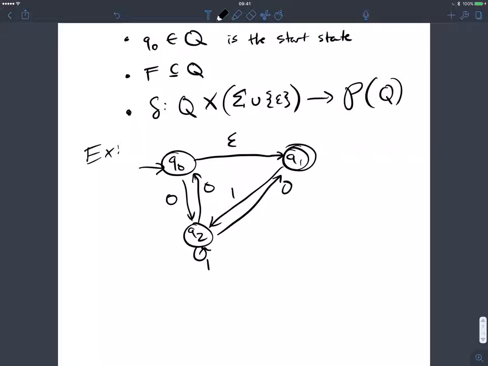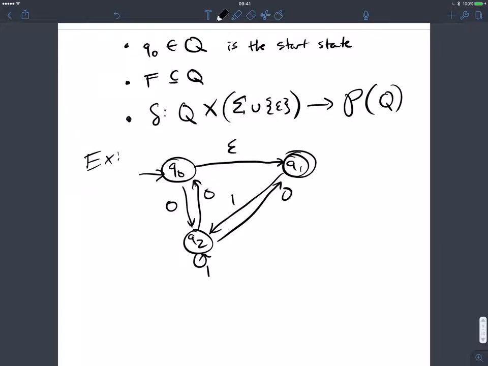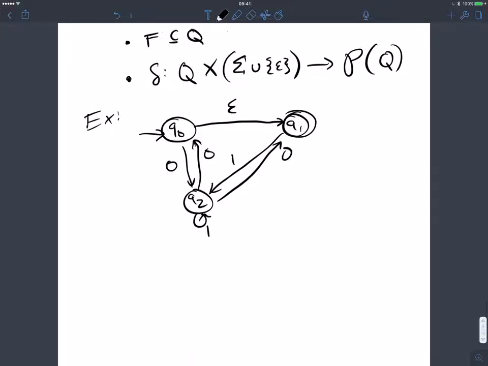I have an epsilon transition from Q0 to Q1, and we incorporated multiple transitions on the same symbol with Q2 having 2 transitions on 0. And we also did it with Q1 because we have no transition coming out of it on the input 0. So if I happen to be somehow in Q1 reading a 0, then I'm stuck. I can't progress anymore because there's no transition defined for that.